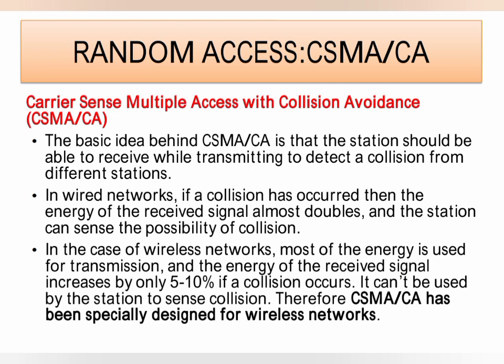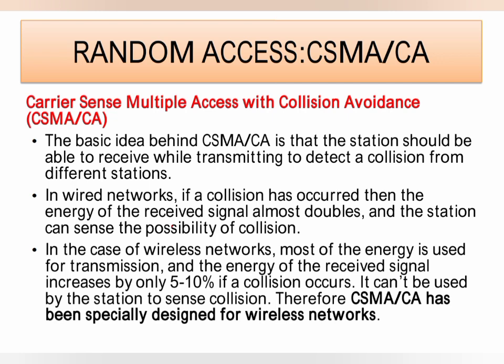the wireless networks. The basic idea behind CSMA/CA is that the station should be able to receive while transmitting to detect a collision from different stations. In wired networks, if a collision has occurred, then the energy of the received signal almost doubles and the station can sense the possibility of the collision.